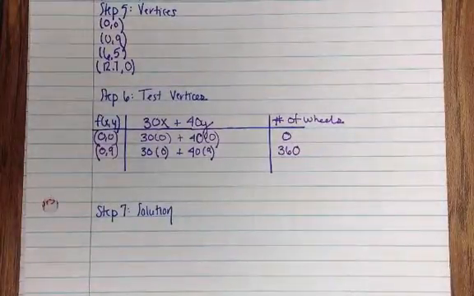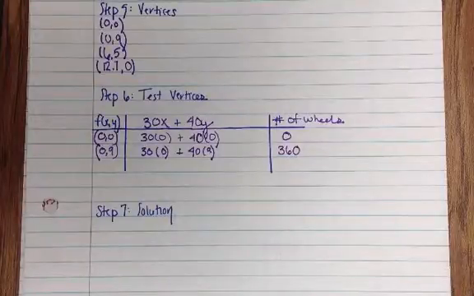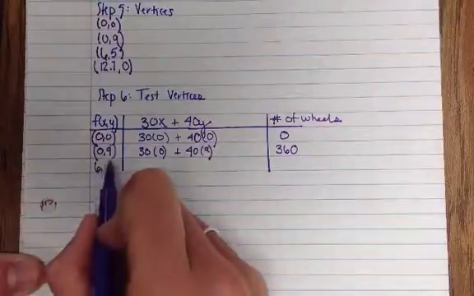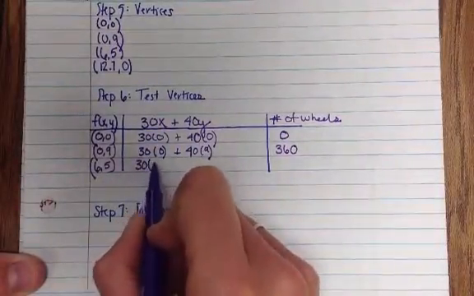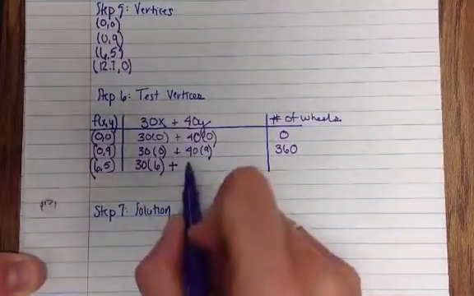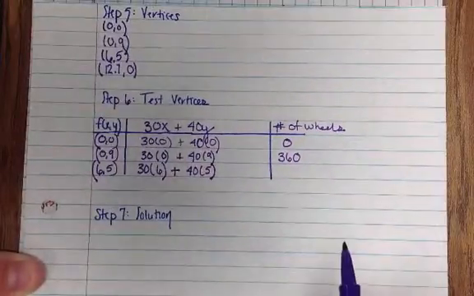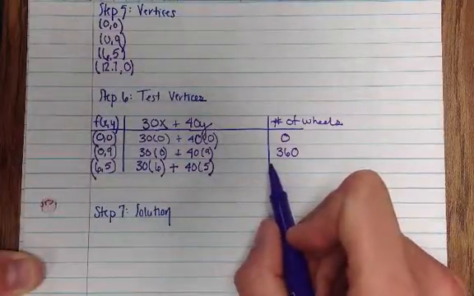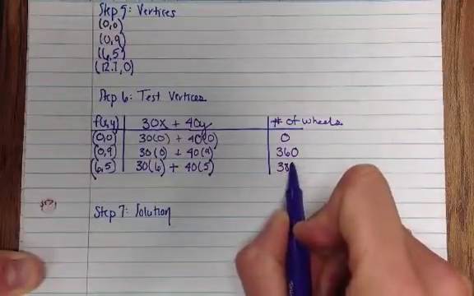Okay, so now we have 360. We want to produce 380, but again, we have to be within that limit of $108. Okay, our next one that we have is 6 and 5. So that would be 6 hours on machine A, and we would have 5 hours on machine B. And so 30 times 6 plus 40 times 5 would produce 380.